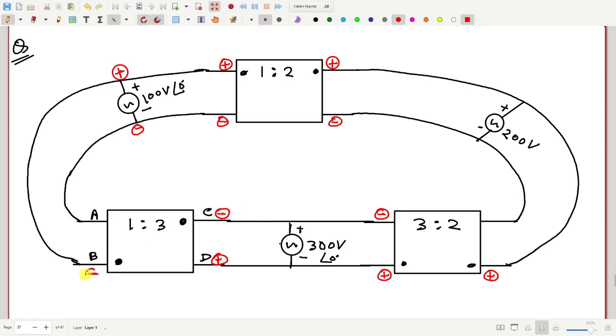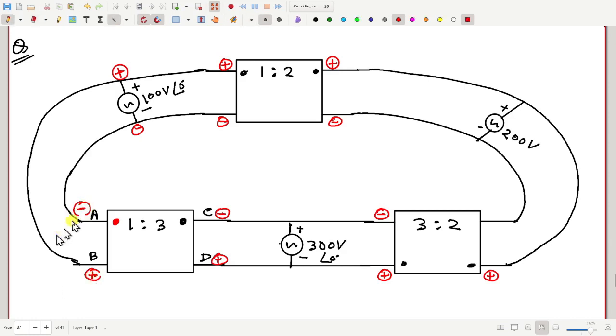So here I will have minus, here I will have plus. Now you see I have a short circuit here. This plus is connected to minus and this plus is connected to minus. Again, two different voltage sources are connected face to face. So this is not allowed. I should have this dot here so that this is minus and this is plus. So this is okay.